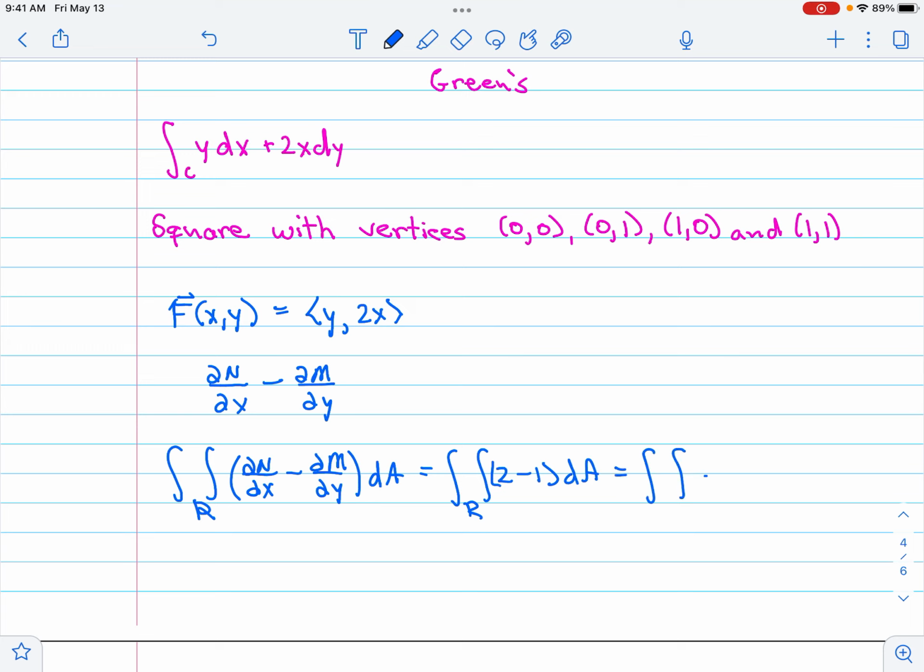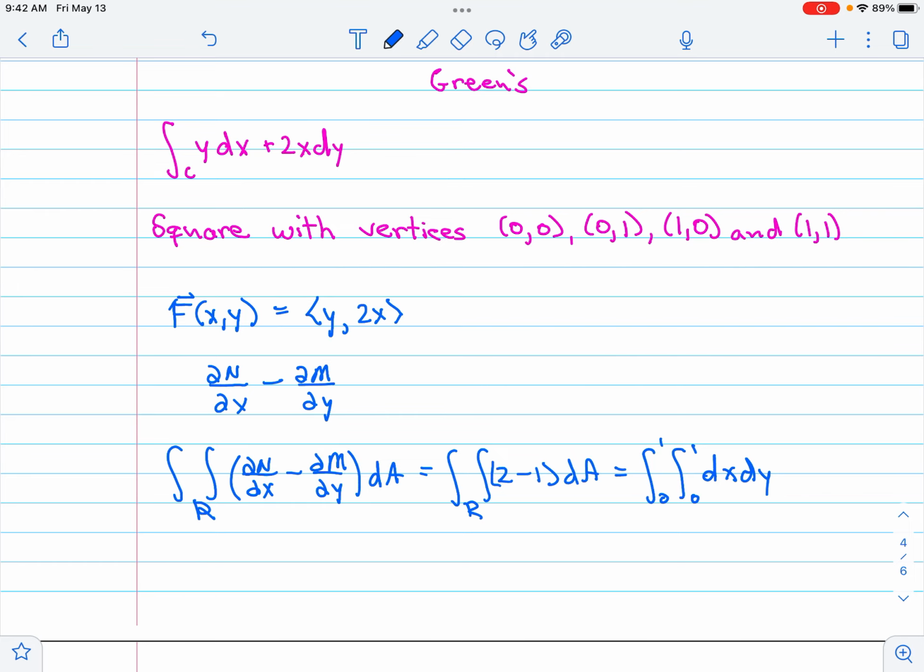We're just integrating over this square, so we're going from 0 to 1, 0 to 1 for x and y. The area is just dx dy. So that one turns out to be really nice.